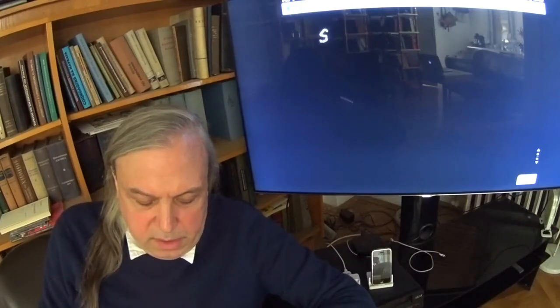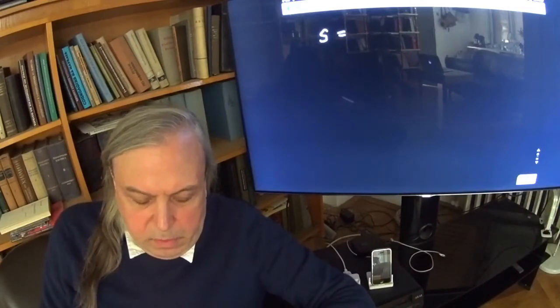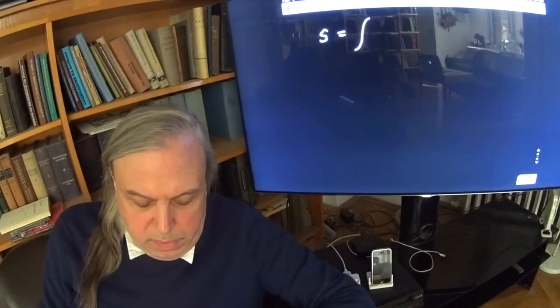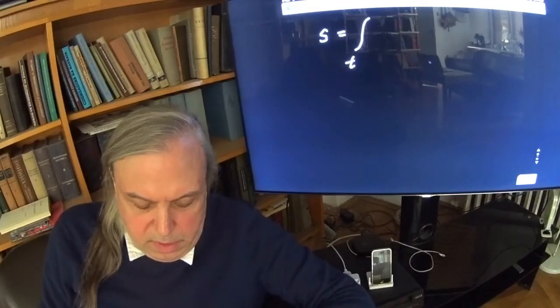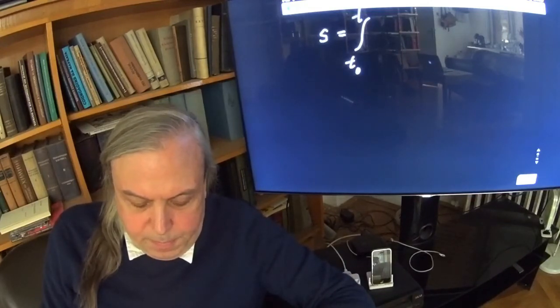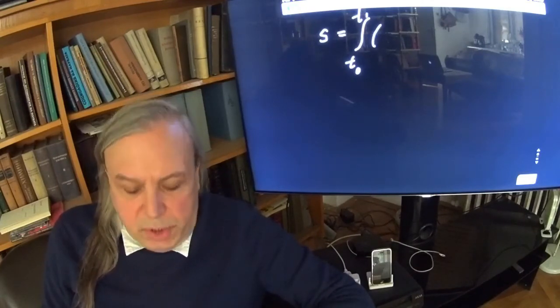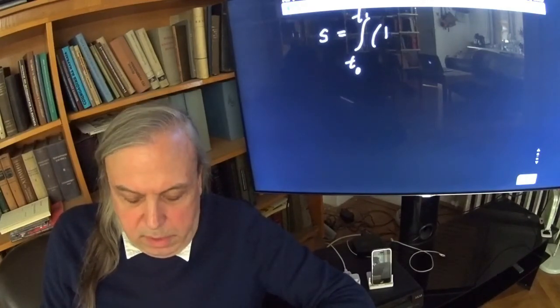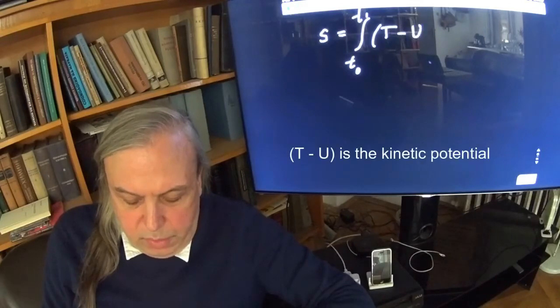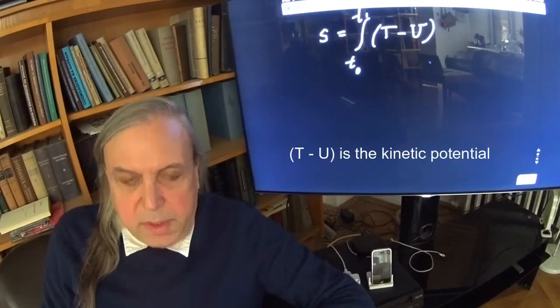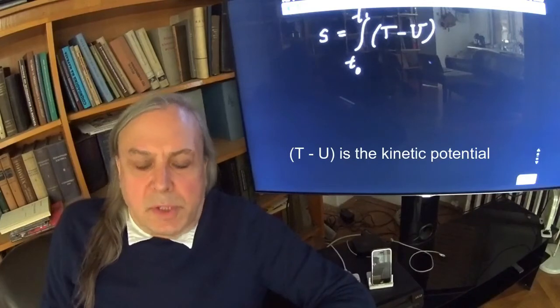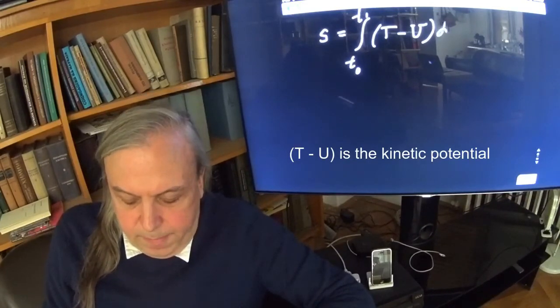It is expressed in this way: the action S, which is equal to the integral of the kinetic potential T minus U, where T is the kinetic energy, U is the potential energy, dt.